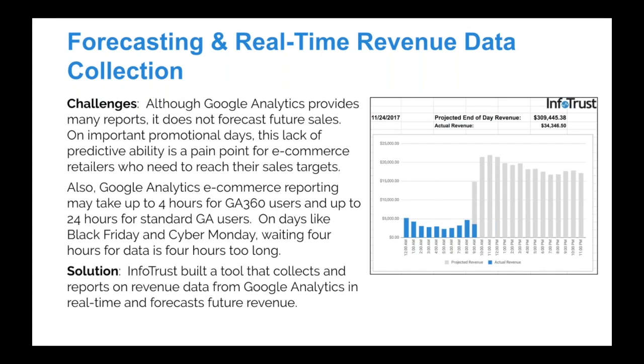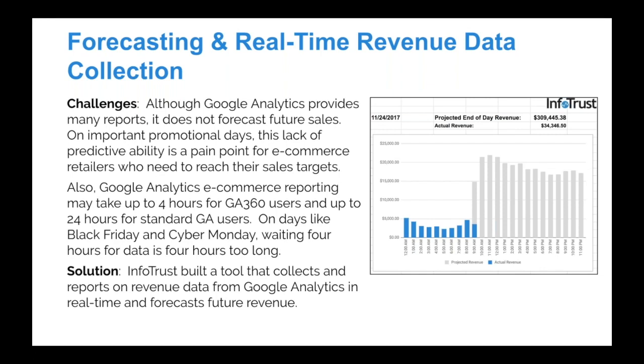So that was a real pain point for them, to not have any visibility into how we are tracking revenue-wise on our important promotional days. The use case there being, if they're not on track to meet their sales goal, they can know a lot sooner and then act on that and recover. So that was one of the major pain points.